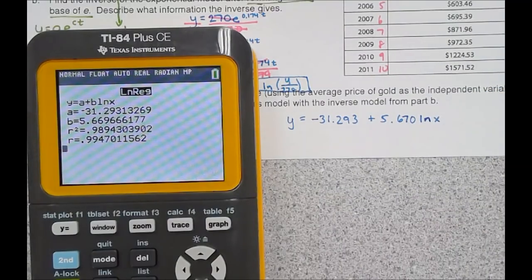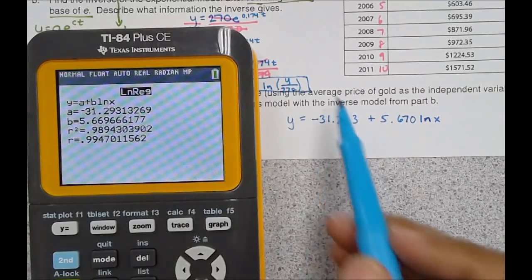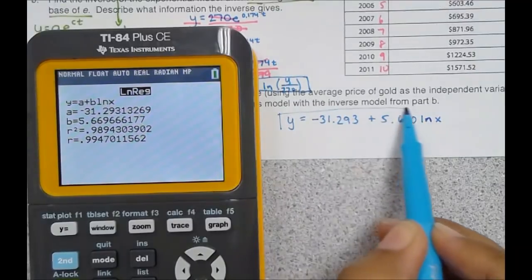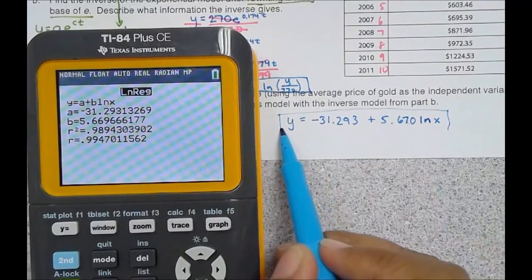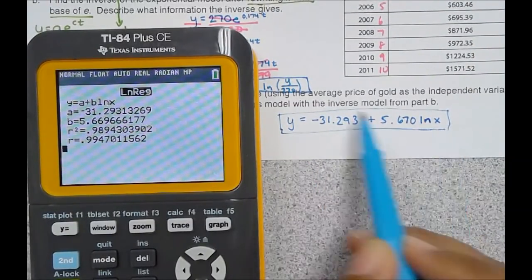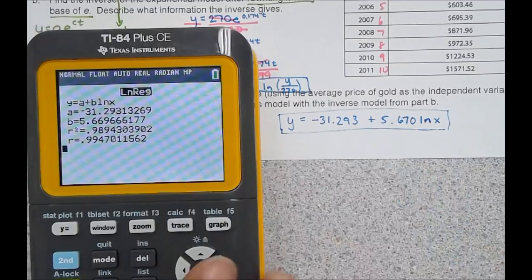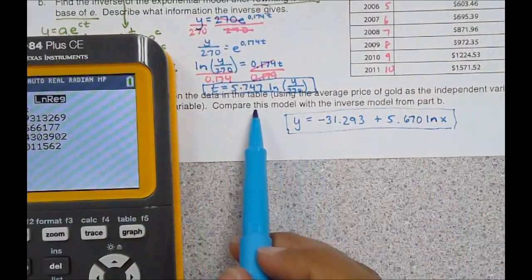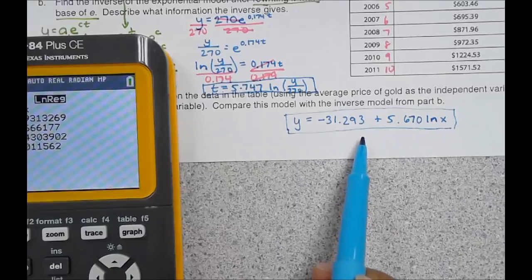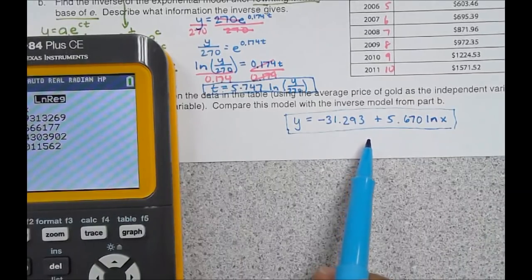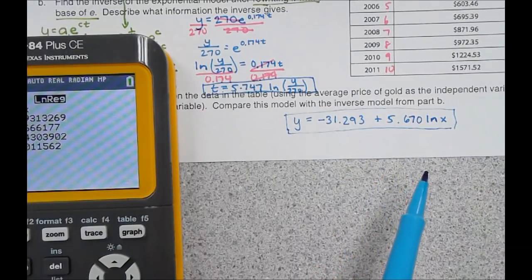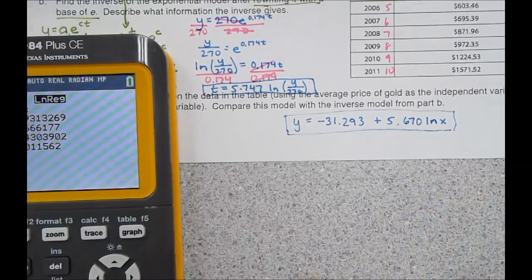Okay. All right, so comparing this with the inverse model from part B, which is this right here, you can graph these both into the graphing calculator to see how close they are to each other.